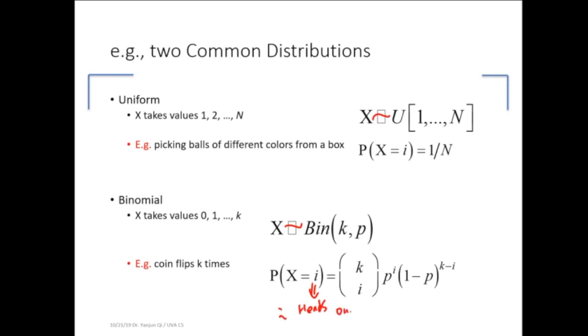I heads out of k, so it's k choose i, and because the probability of head is p, it's p to the power of i, since there are i heads. The rest are tails, with probability 1 minus p, and k minus i times are tails. So this gives you the probability of i heads out of k flips of the coin. All right.